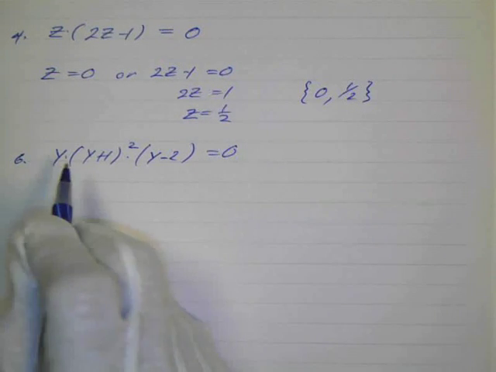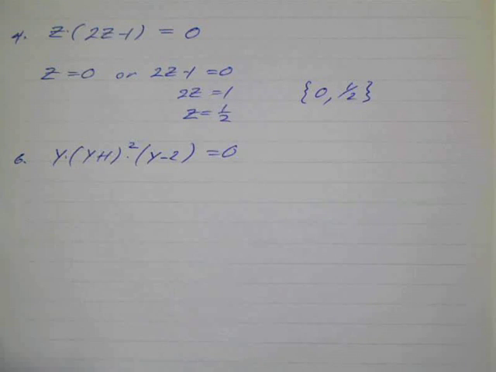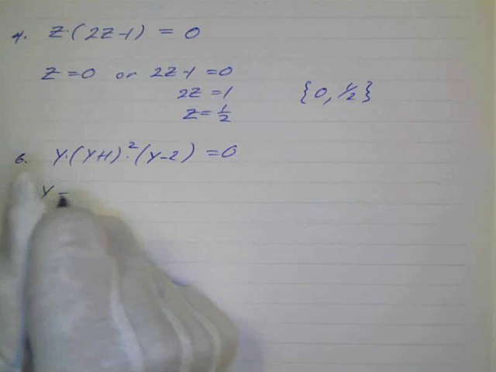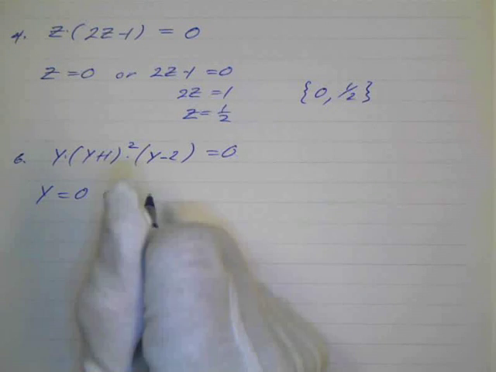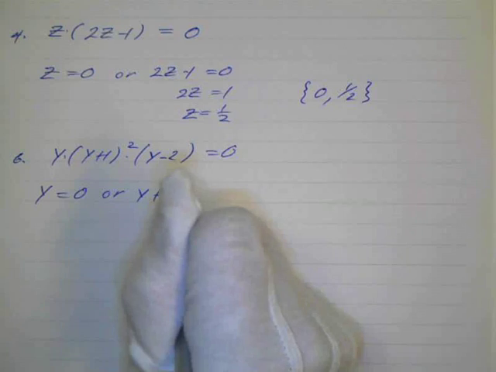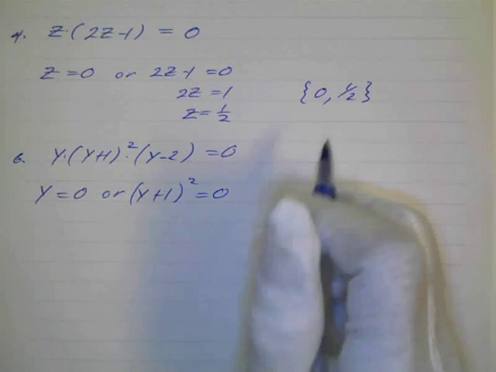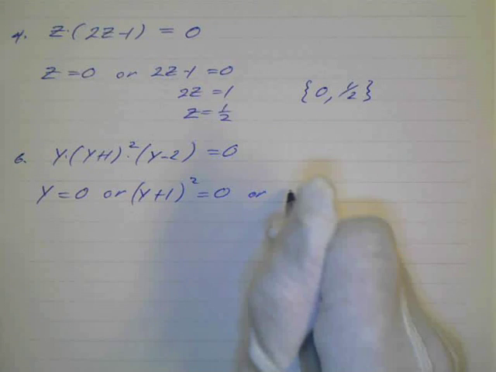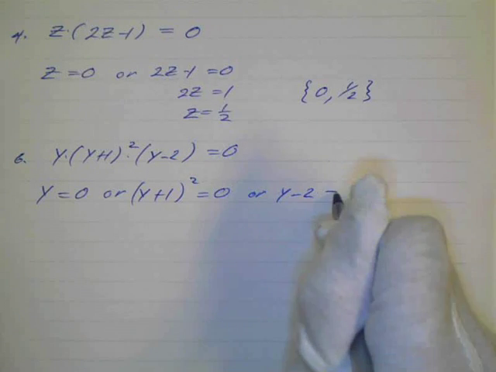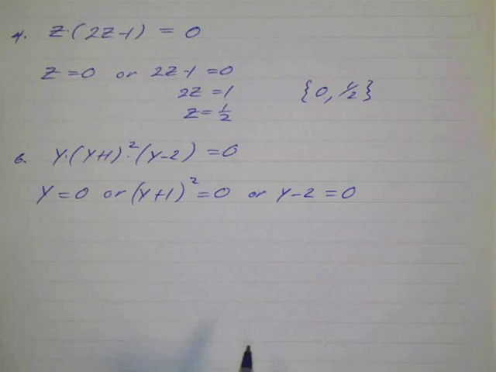So we know that any one of these could be 0. So y could equal 0, or y plus 1 squared could equal 0, or y minus 2 could equal 0. So any of these possibilities.